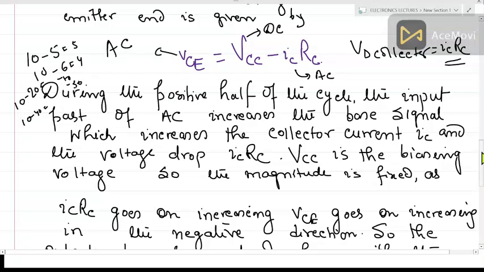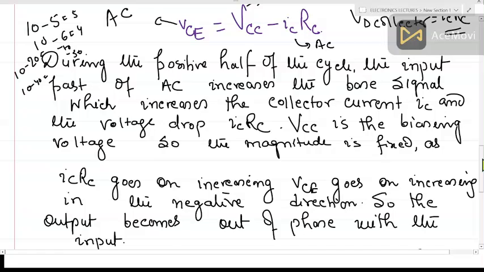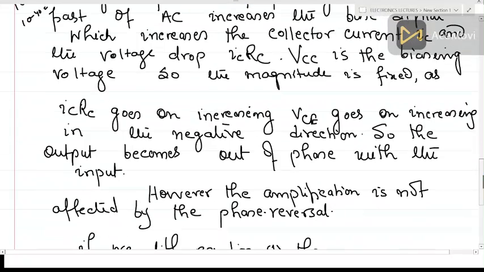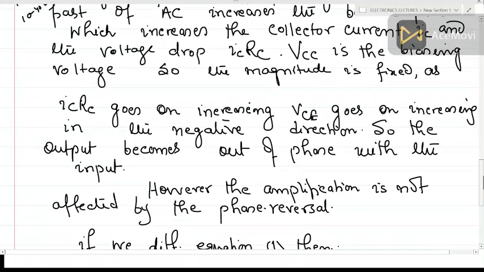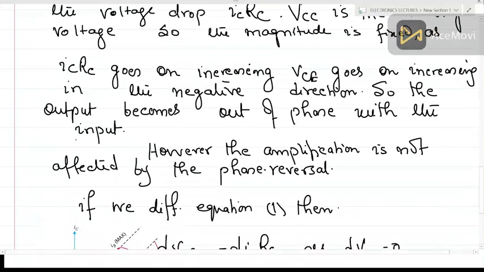Many times I am discussing this again and again, because in my experience I have seen that students are confused in this thing, and many times their answer confuses us as to what they are trying to say. VCE, the AC voltage at the output, is increasing in the negative sense. You have to understand this.